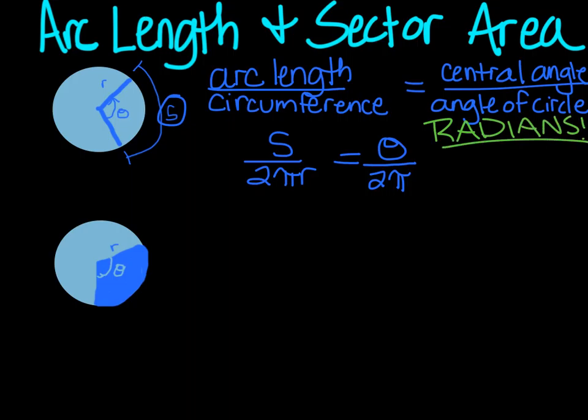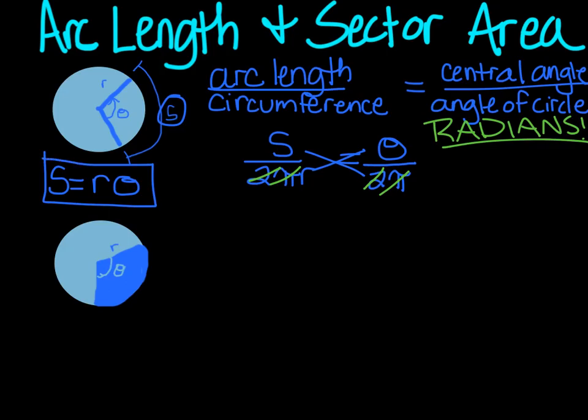This won't work if we don't use radians. You could do a proportion with degrees as long as you keep theta in degrees as well. But if I simplify this, if I cross multiply, the 2 pi's can just cancel out. See? And if you're in degrees, you can't do that. And so the formula for arc length in radians, S equals r theta. It's very simple and easy as long as you keep theta in radians.